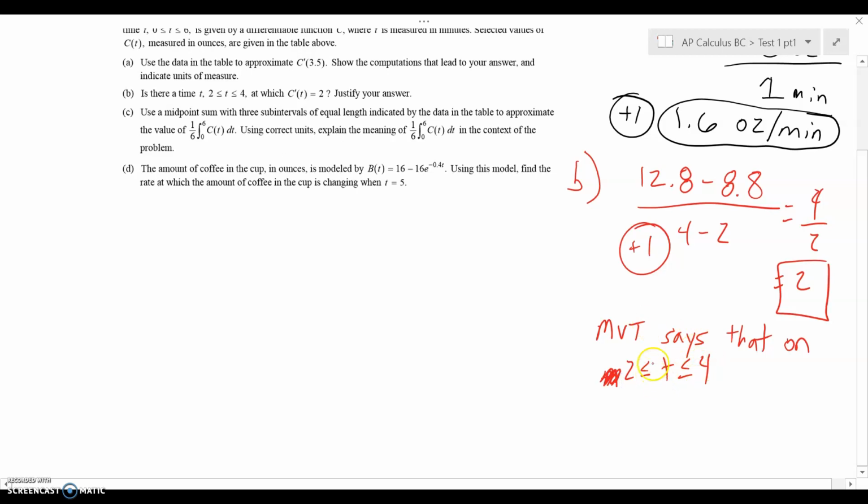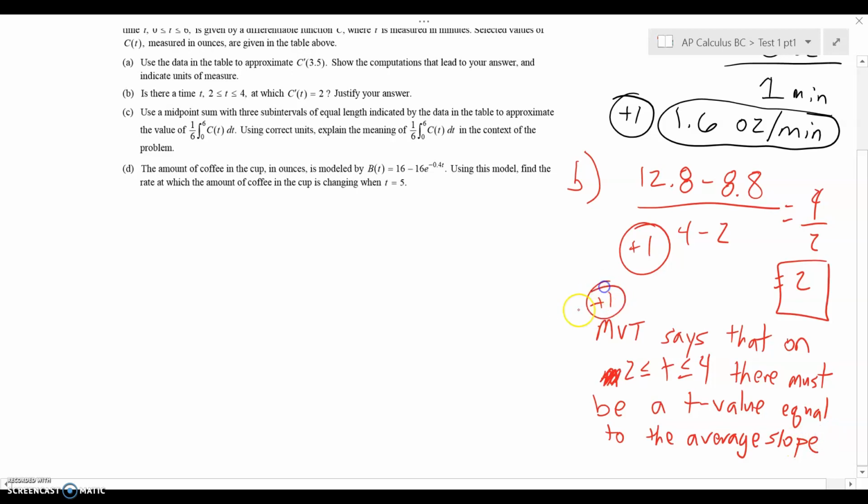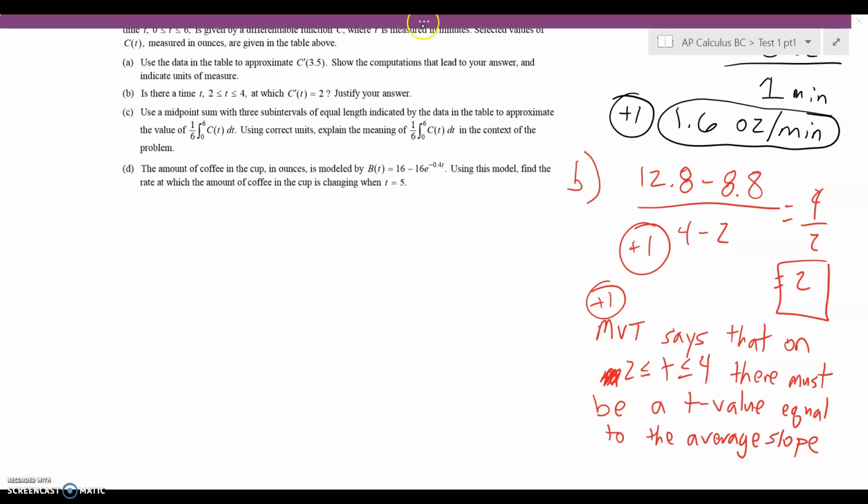So mean value theorem says from 2 to 4, there must be a t-value equal to the average slope. At least 1. It could be more, but we just need to say there's at least 1. So some explanation using the mean value theorem would be your second point on that one. So that's the first 2 portions, the first 4 points, and we'll switch to another color to do the third point here.